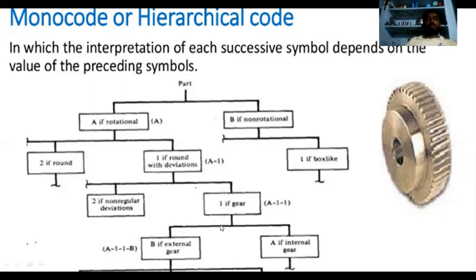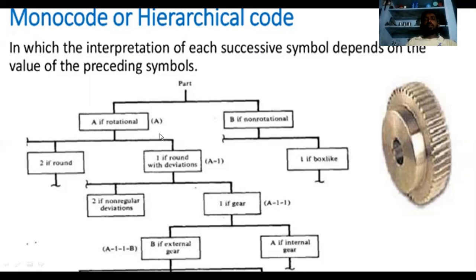Again, if gear, we have further options. A-1-1-B is for an external gear. If it is an external gear, we choose this code; if it is an internal gear, we choose the other one. So this is the total monocode or hierarchical coding.